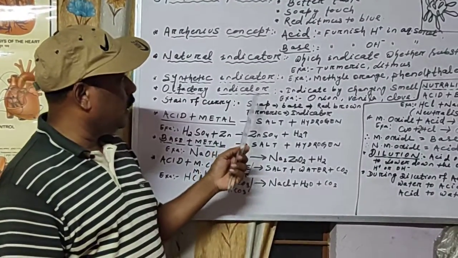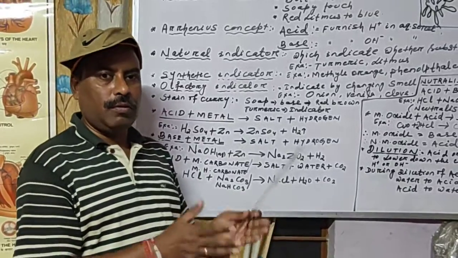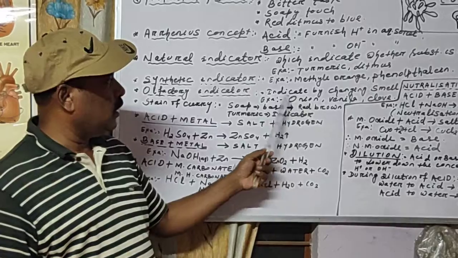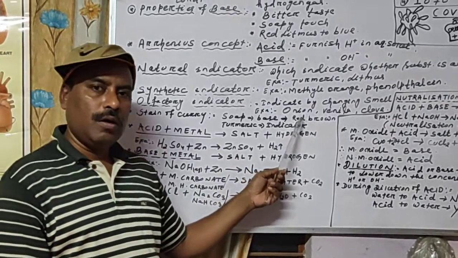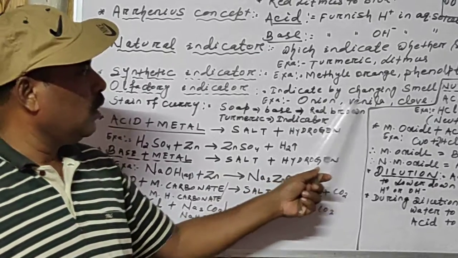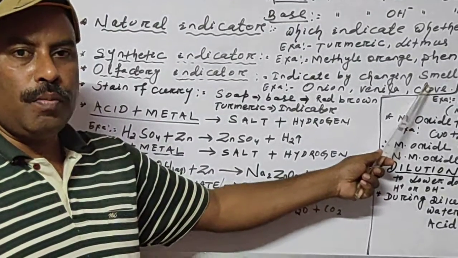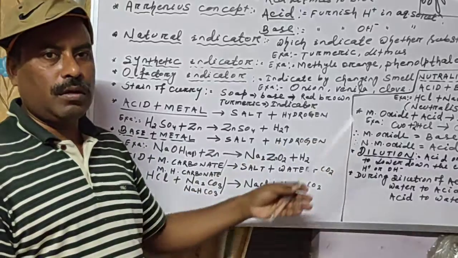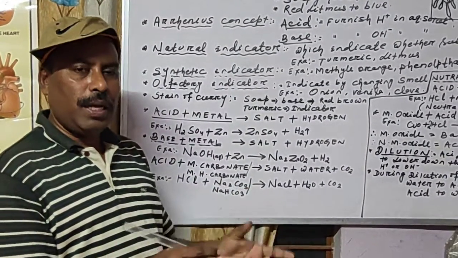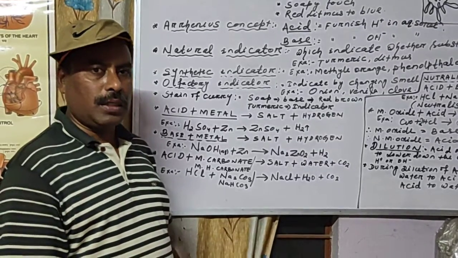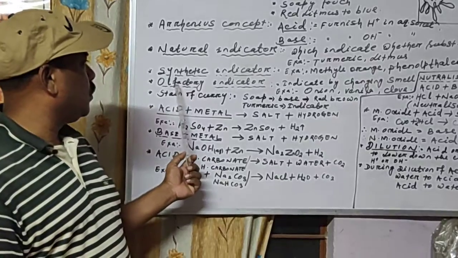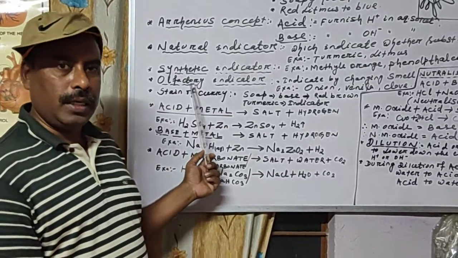So when the indicator classifies the substance into acid or base by changing its odor or smell, that type of indicator is generally called an olfactory indicator. For example, onion, vanilla, clove, these are known as olfactory indicators. When they are put into an acid or base, their smell changes and we can understand whether it is an acid or base. So such types of indicators are called olfactory indicators.